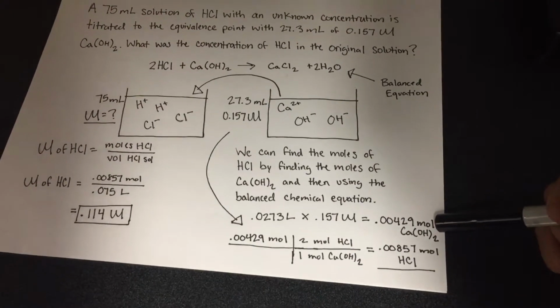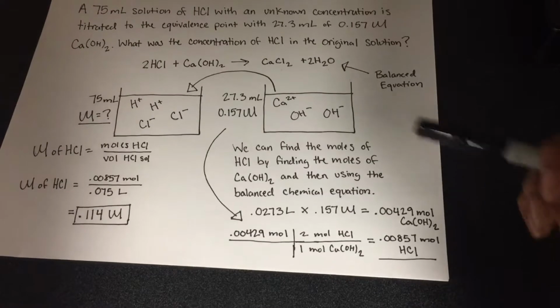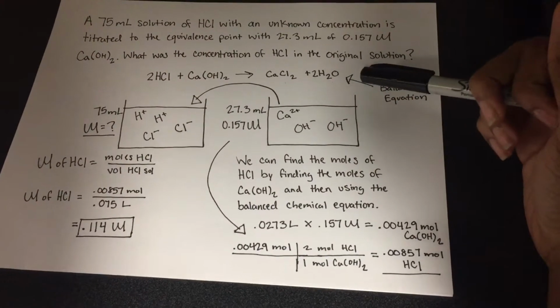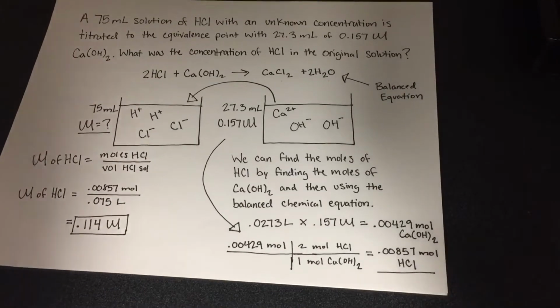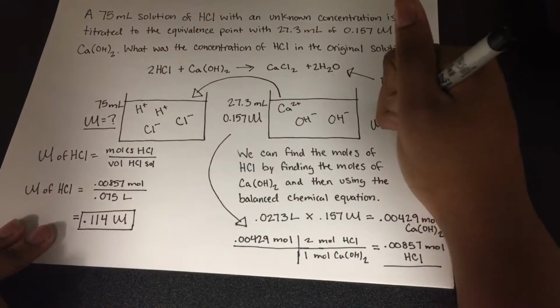Now, in order to find the moles of hydrochloric acid, we need to use the balanced equation written up here. We cannot use the equation M1V1 equals M2V2.